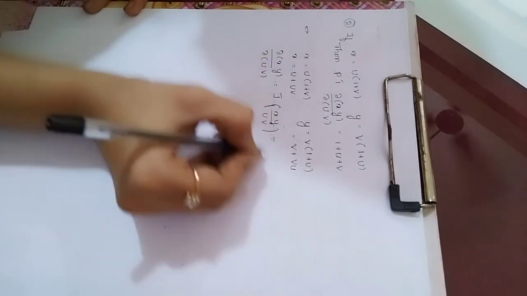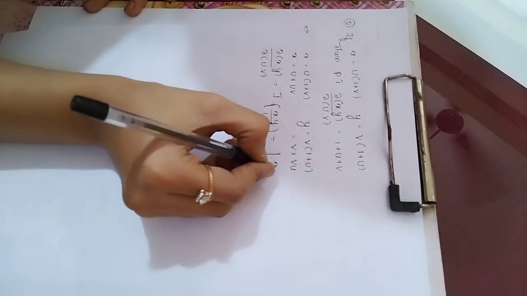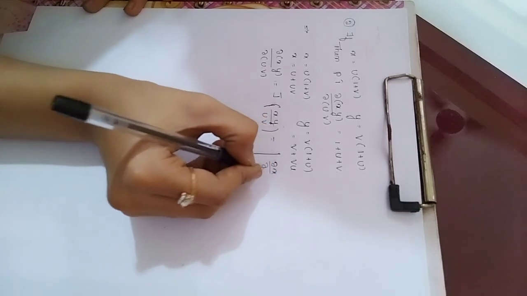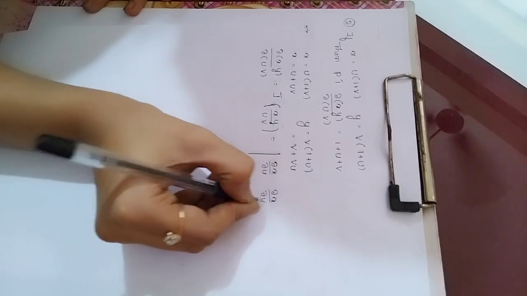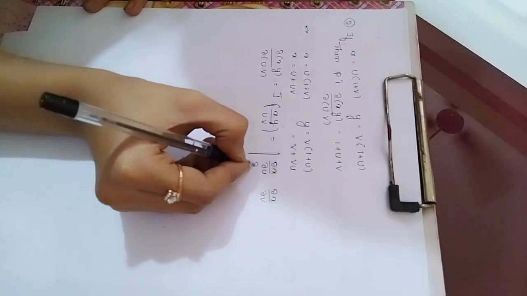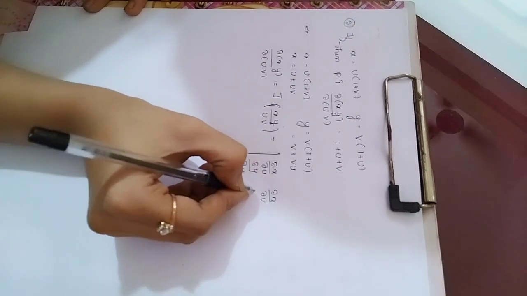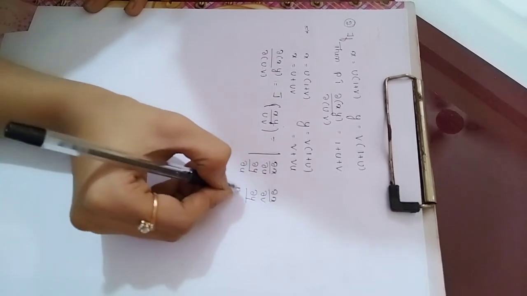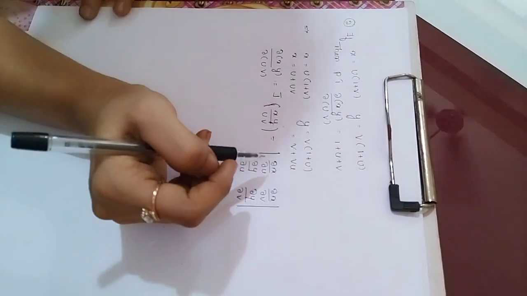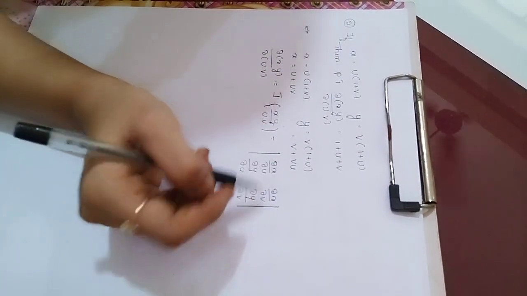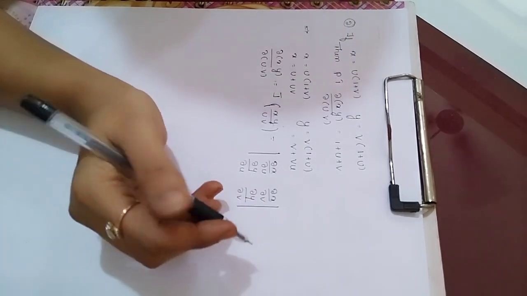Again this is equal to the determinant of ∂x/∂u, ∂x/∂v, and the second row can be written as ∂y/∂u, ∂y/∂v. So now we find ∂x/∂u, ∂x/∂v, ∂y/∂u, and ∂y/∂v.